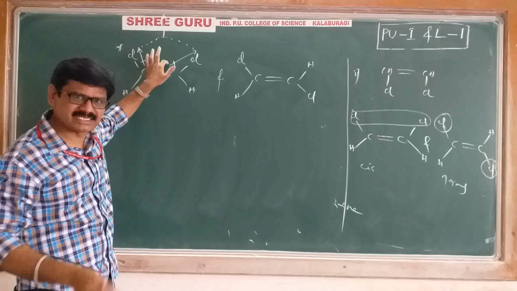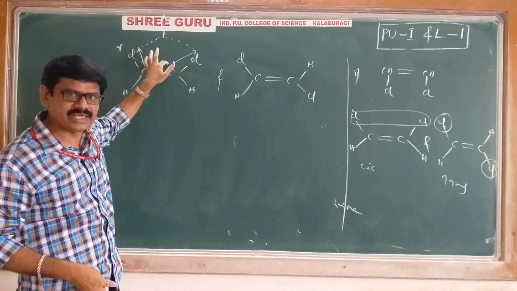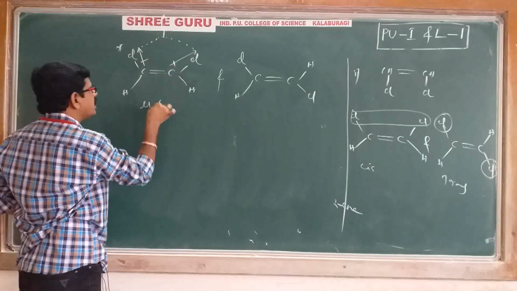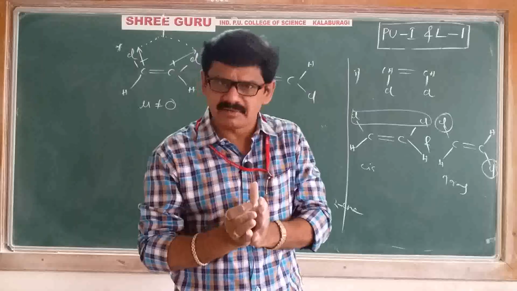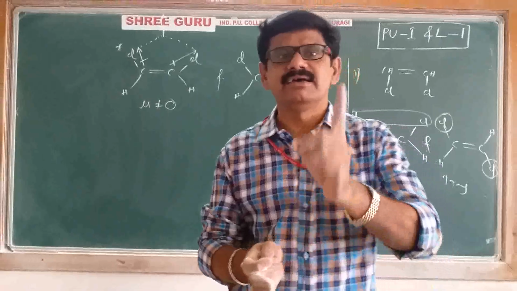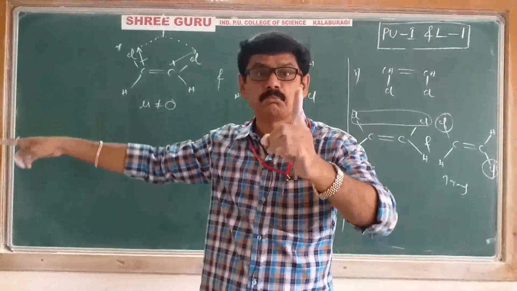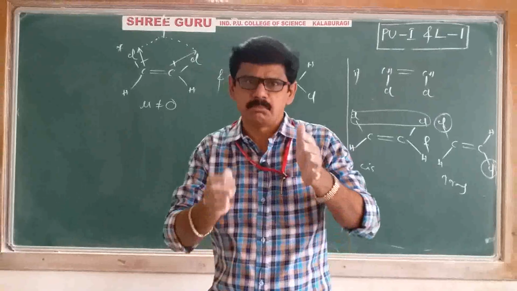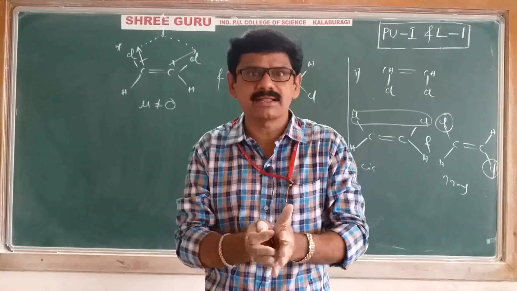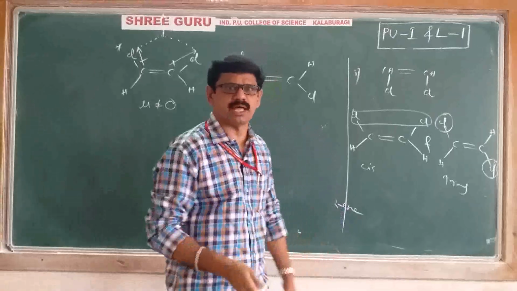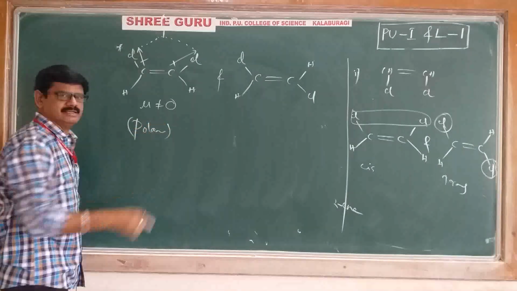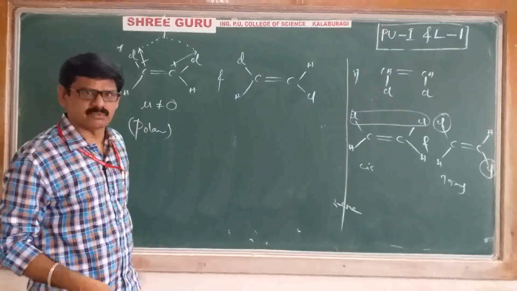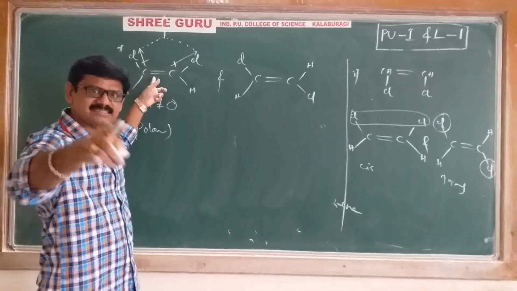Here the dipole moments are not cancelled by each other, so mu is not equal to 0. Dipole moment is there. Remember, if a dipole moment is there, definitely that molecule is a polar molecule. Poles are there. That's why it is polar. Always remember, the cis molecule is a polar molecule because the dipole moments still exist.